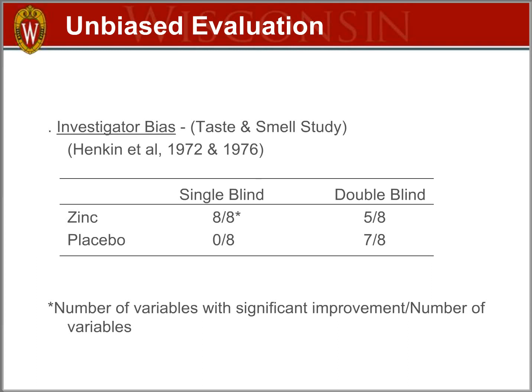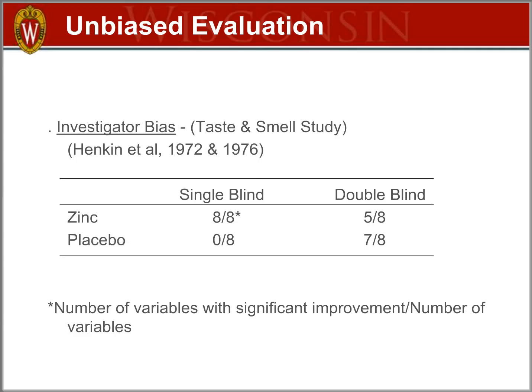He initially designed a single-blind study where the patients did not know whether they were getting the zinc or the placebo tablet. He knew as he administered the tablets. He devised a very clever system of 8 modalities of taste and smell. And in his single-blind trial, all 8 of the modalities improved in patients treated with zinc, and none improved on placebo.